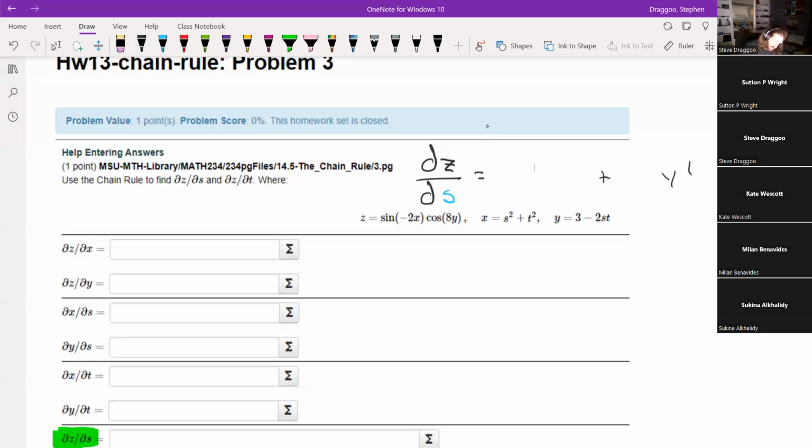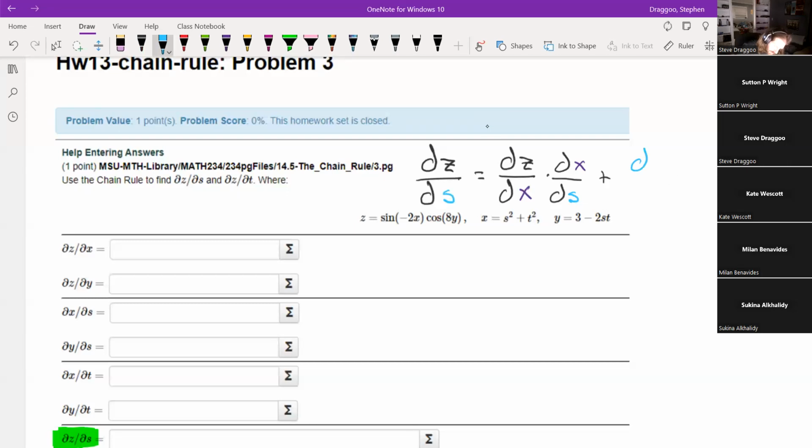So the x derivative is going to look like dz/dx, the derivative of z with respect to x, multiplied by the derivative of x with respect to s. That's the chain rule part. x is a function of s, which means if I take the derivative of x, I need to put an x prime there and then multiply in x's derivative with respect to s.